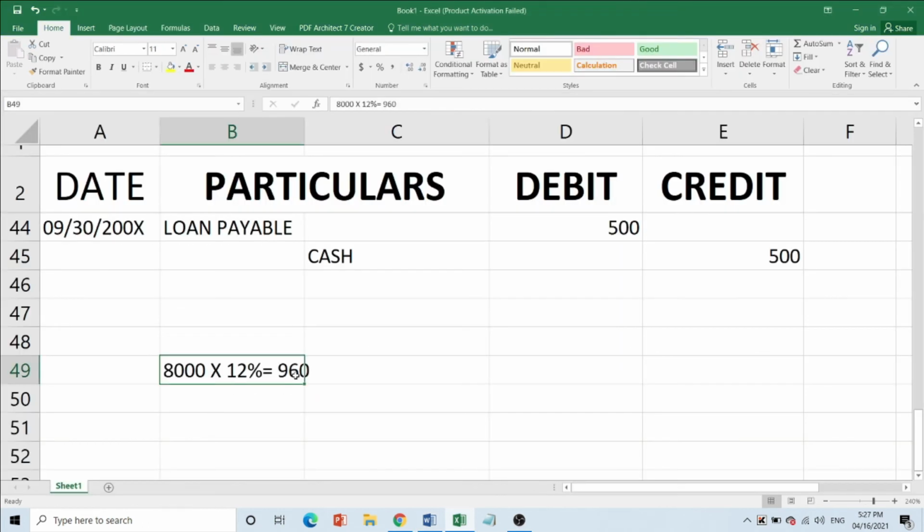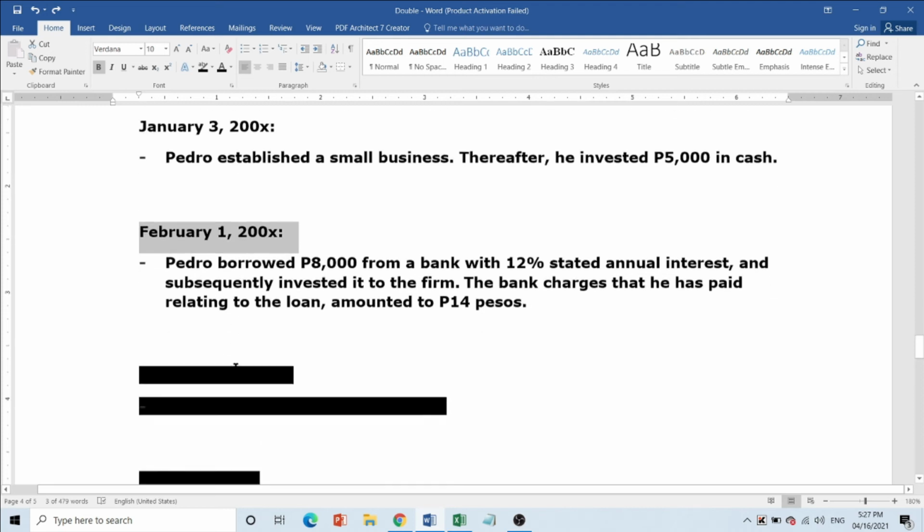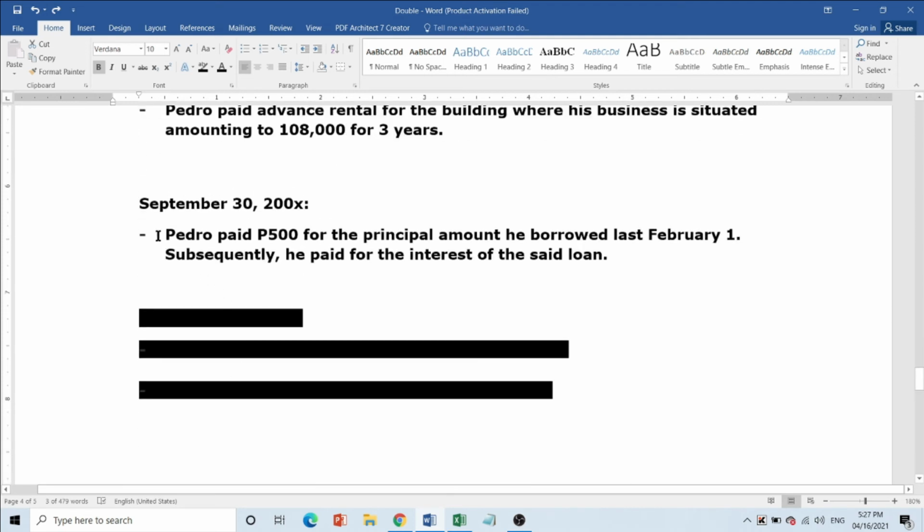sa 960, i-compute mo siya from January 1 to September 30. But it's not. Kasi since February 1 siya nangyari, we will have to recognize interest expense in the amount corresponding to February 1, 2000X up to September 30, 2000X.